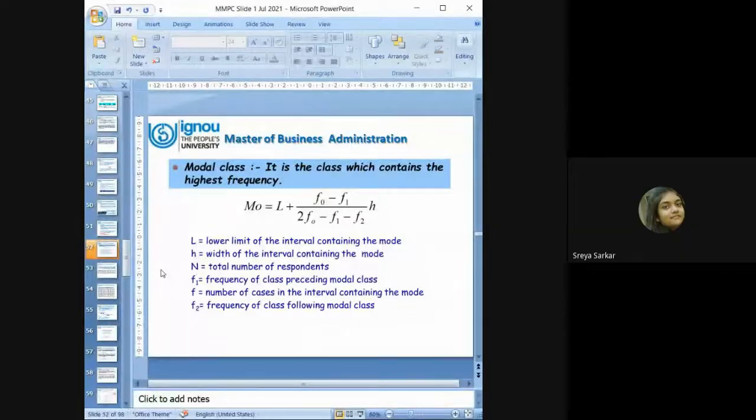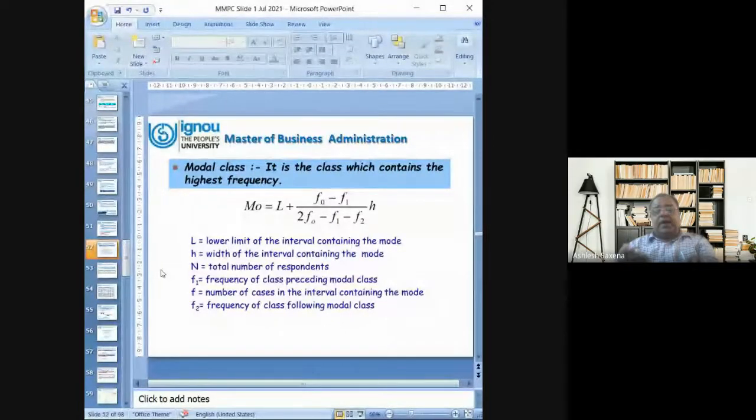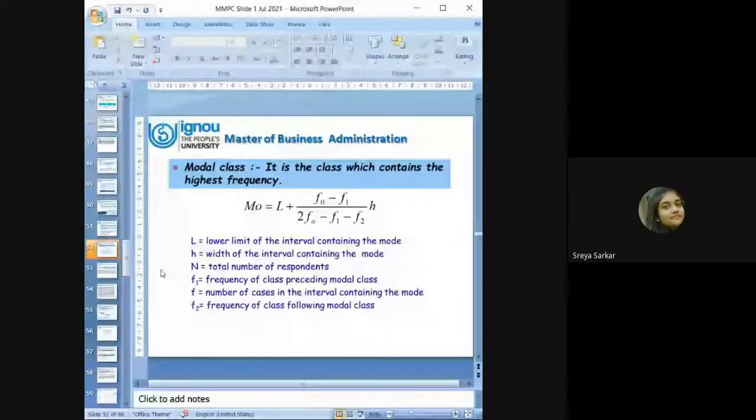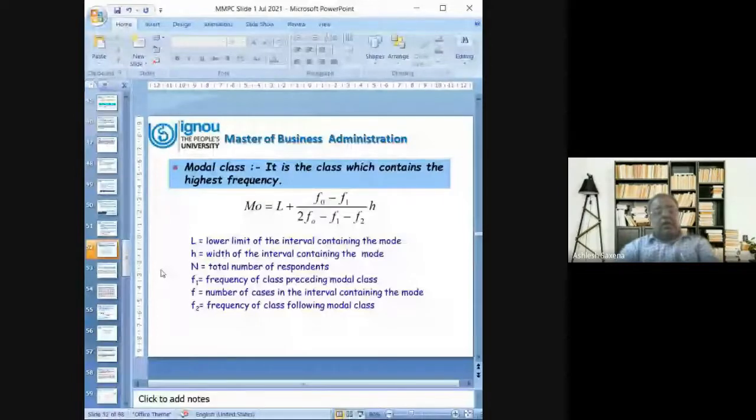We will be doing numericals on each part. Don't be worried about it. But first of all, we should be aware of the theory part. I hope everyone has written the formula to calculate mode.